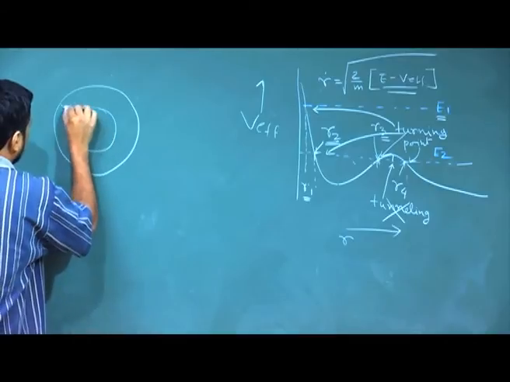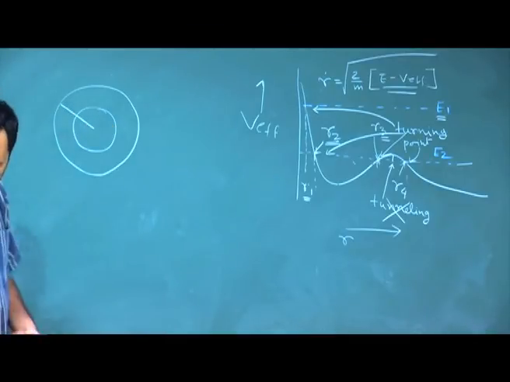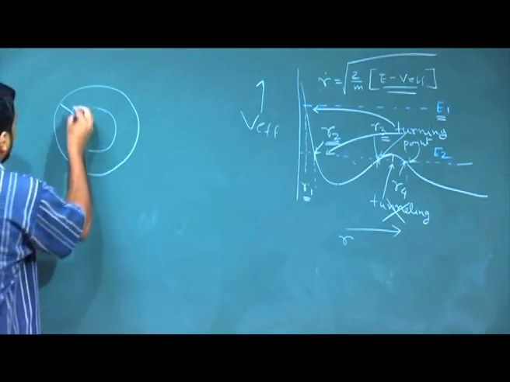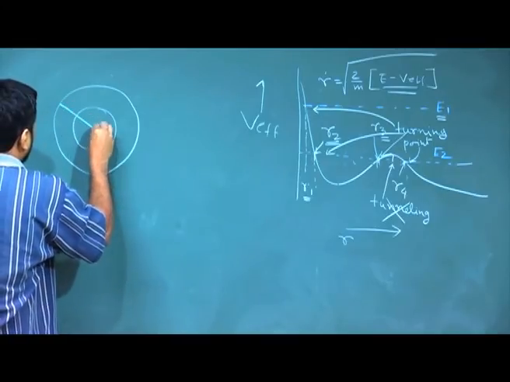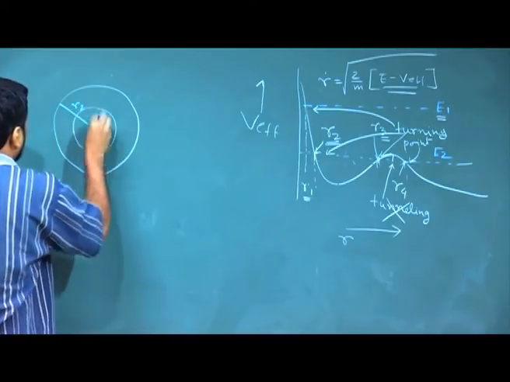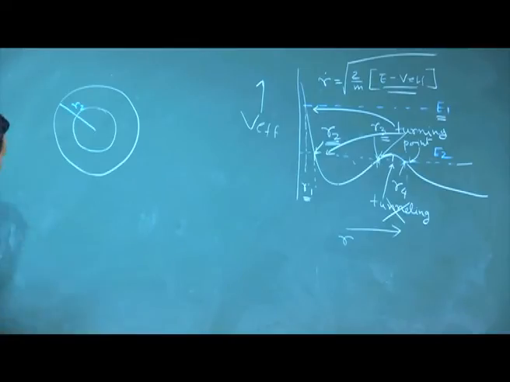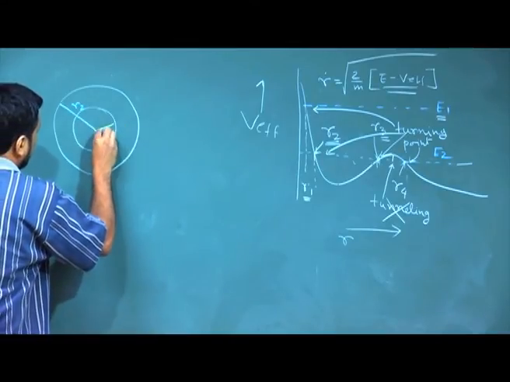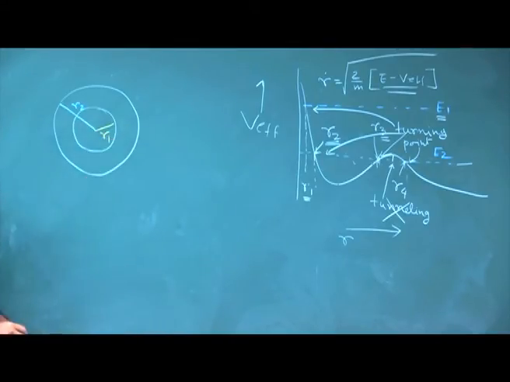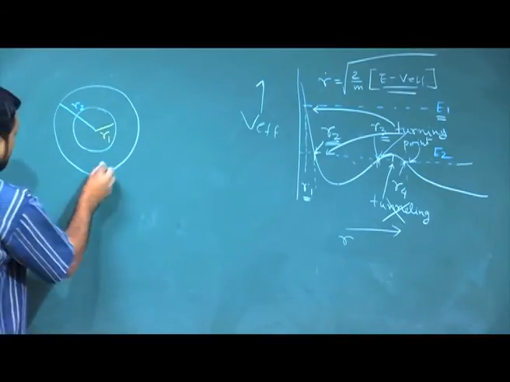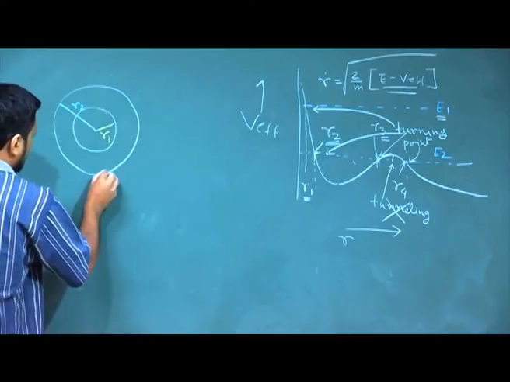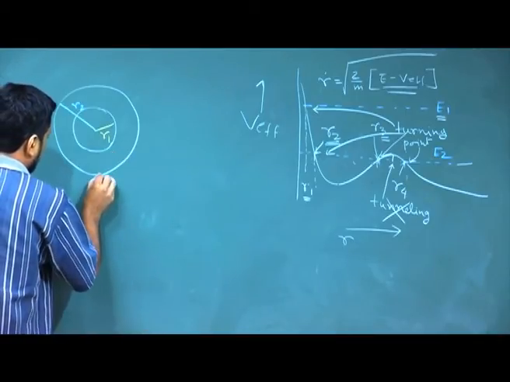Let us say this radius is R2 and this radius is R1. So, the particle will move between these two in this manner.